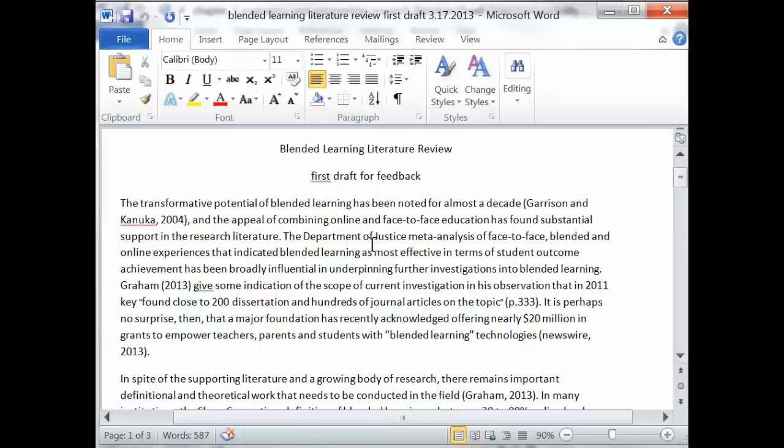She had a note as well to say a major foundation has funded, and I think in this draft it just touches on the one major foundation, but additional support might be needed from other foundations to support that idea that there's widespread investment in this, as we want to support that as much as possible.